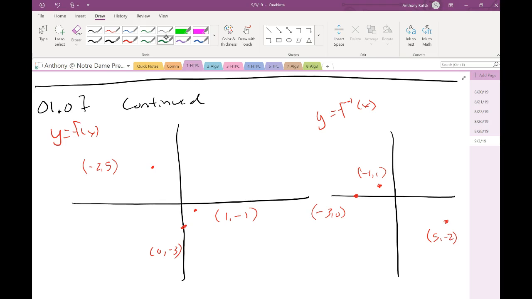Now, suppose that instead of our graph being made up by just 3 points, what if this was instead a smooth curve?